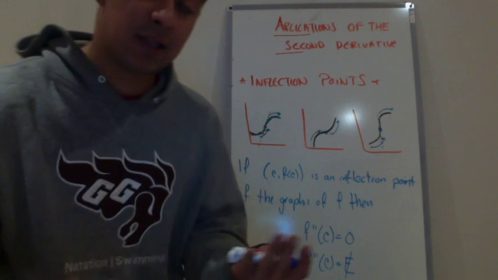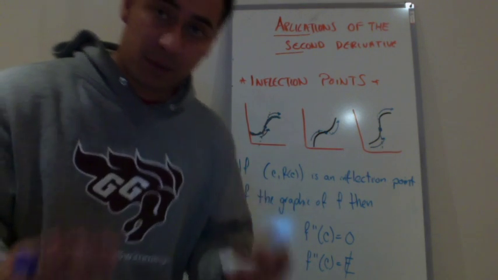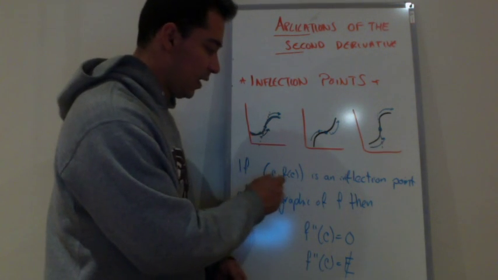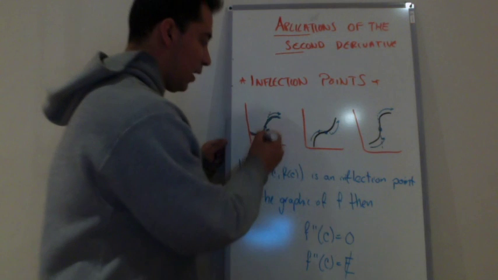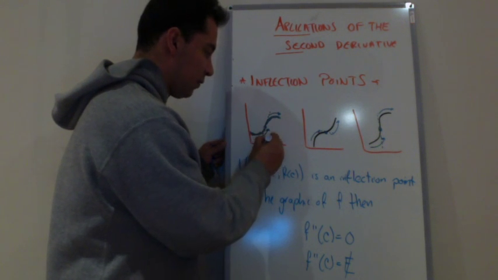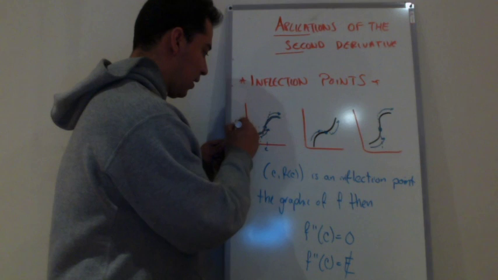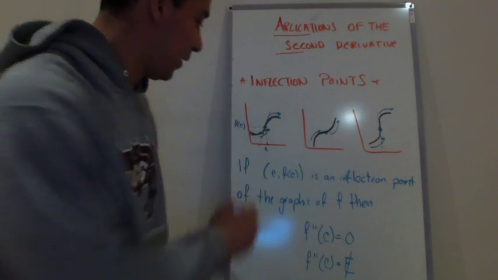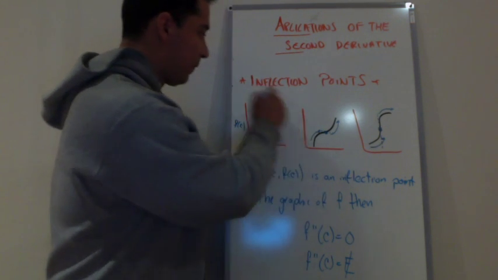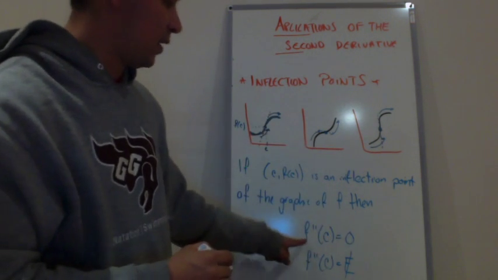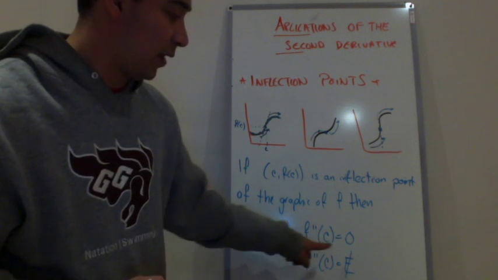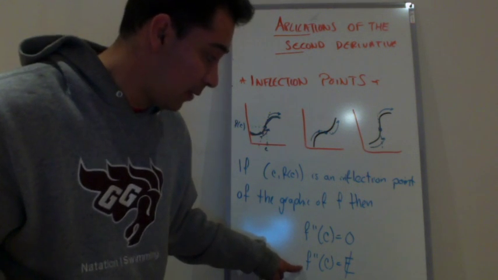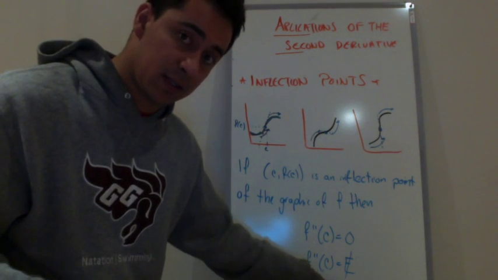So we're going to see the definition of inflection point. Okay, if c is a point in the domain of f, and c is an inflection point of the graph of f, then the second derivative evaluated at c is equal to 0, or the second derivative evaluated at c does not exist, right?